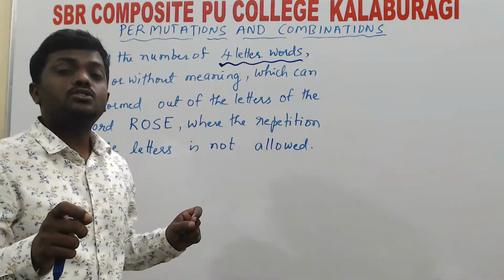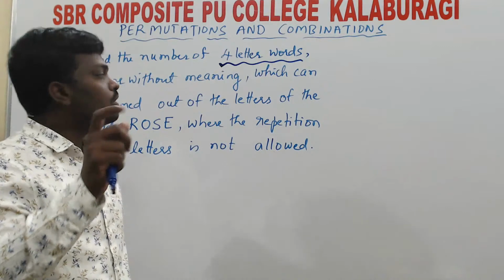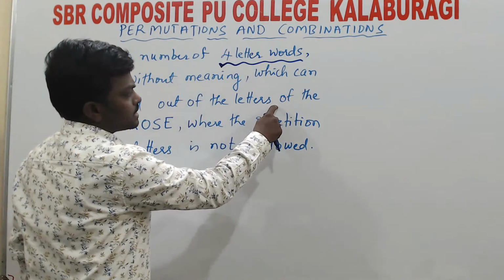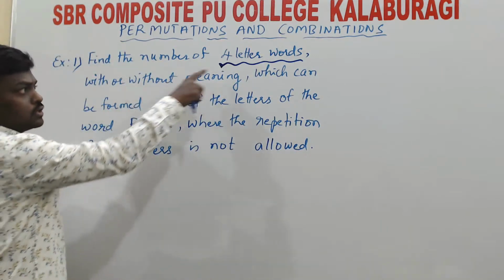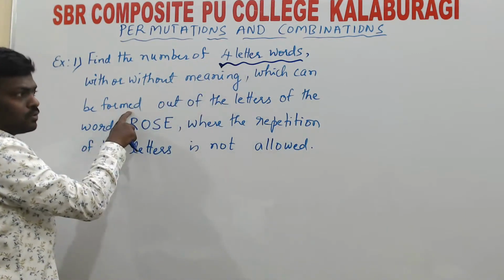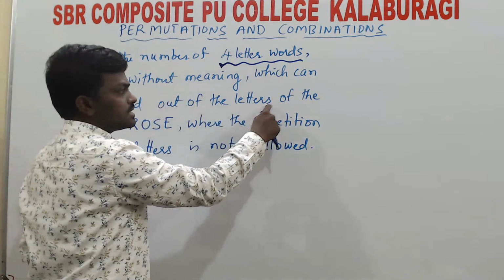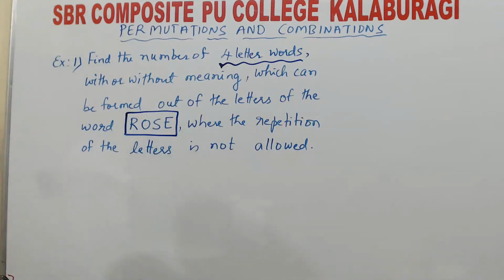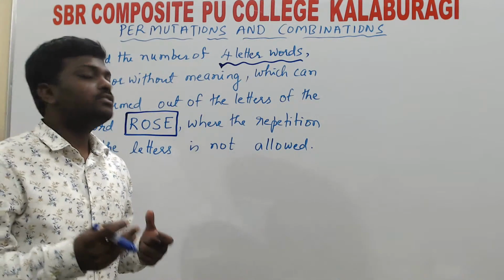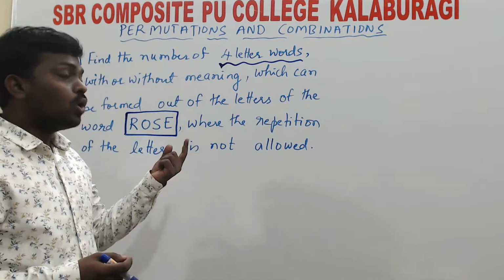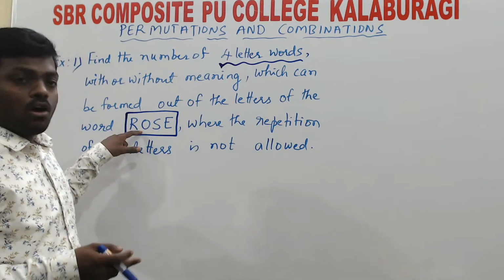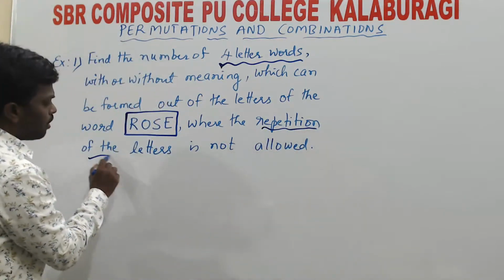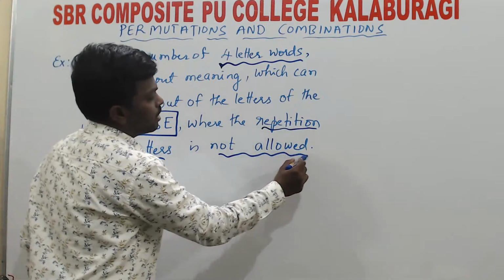They are just asking us to find how many four letter words can be formed out of the letters of the word rose, where the repetition of letters is not allowed.